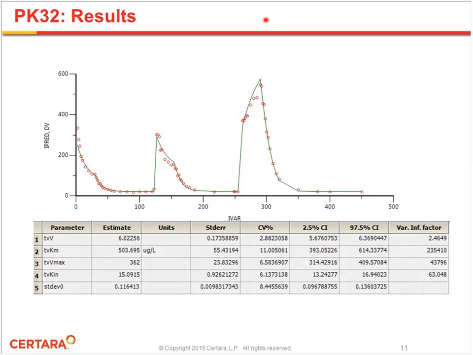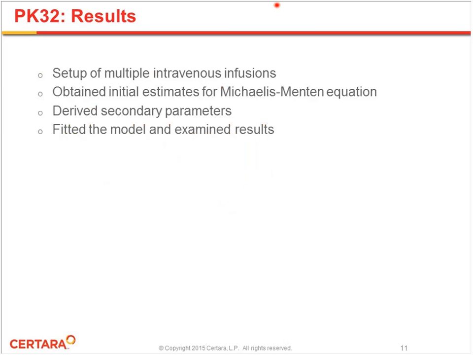This is a fit from the saturated model with saturated elimination. And you see here are the parameter estimates that we see with standard errors, and the CV% looks pretty good, pretty sharp estimates, with CV% between 3 and 11. So this is really a nice fit, nice outcome.